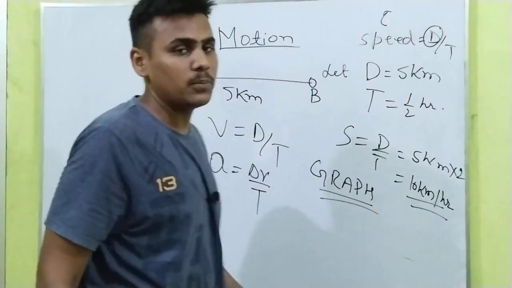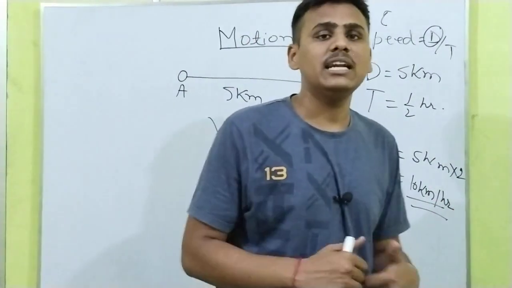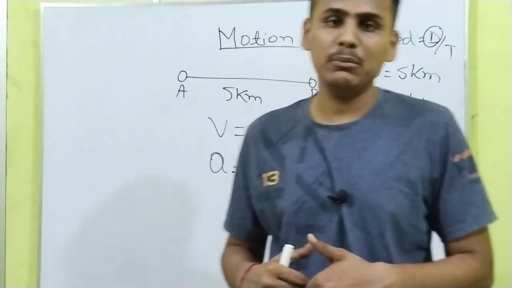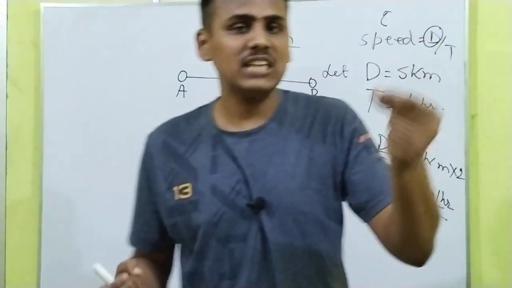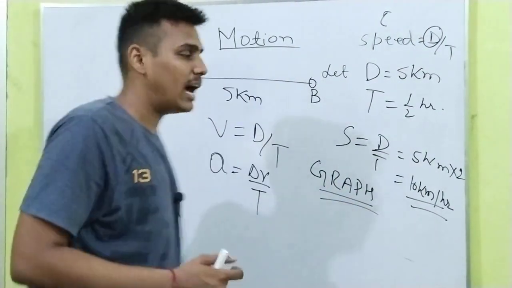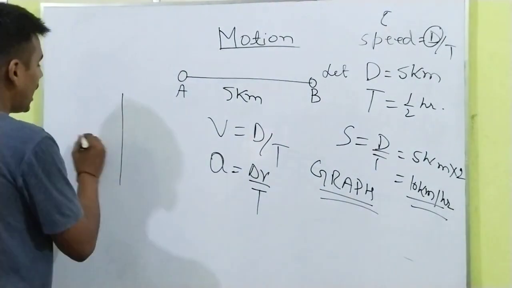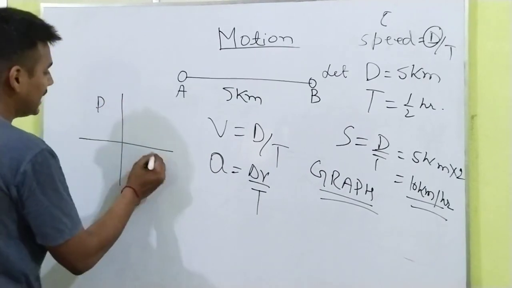There are 3 types of graph you will study here: displacement time, velocity time and acceleration time graph. I will give you some examples to make the concept of graphs clear. Suppose this is the graph between the particle's position, displacement, and time taken.